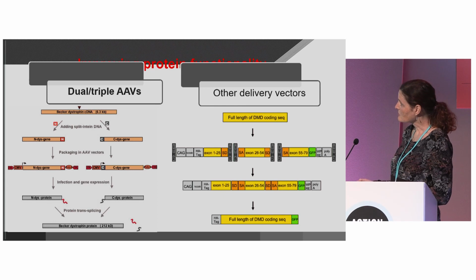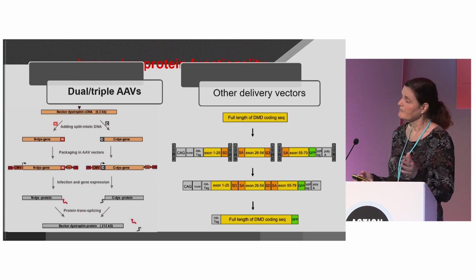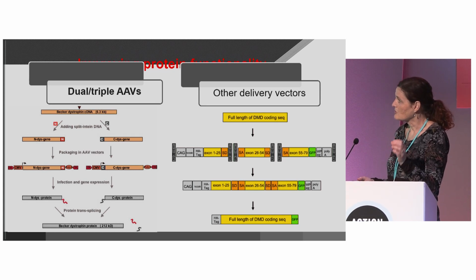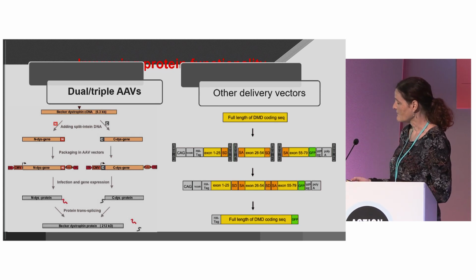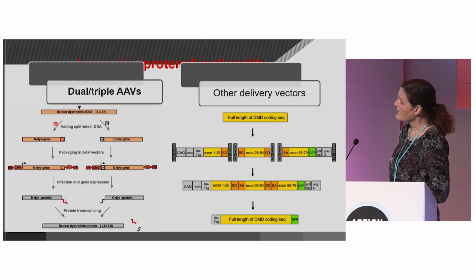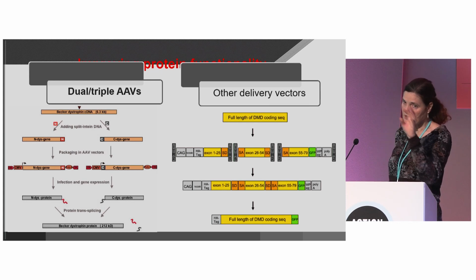So we can try to address that by delivering more. There's been lots of work using what are called dual and triple AAVs. Here, a Becker-like protein, or coding sequence, that's longer than the microdystrophin is split into two, and each half is packaged into its own AAV.